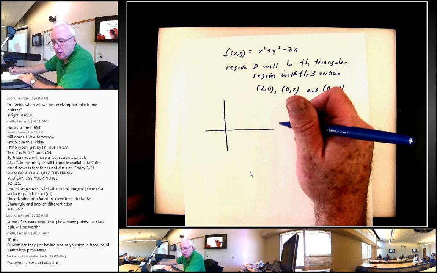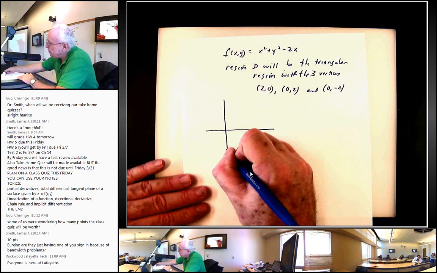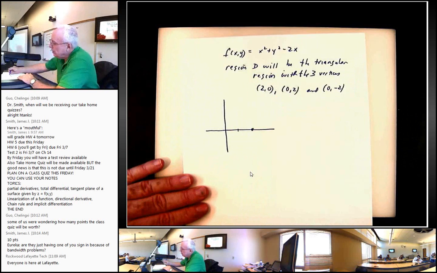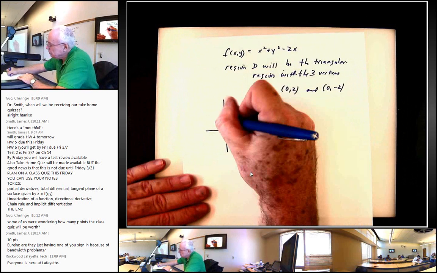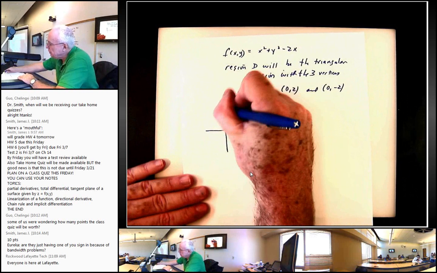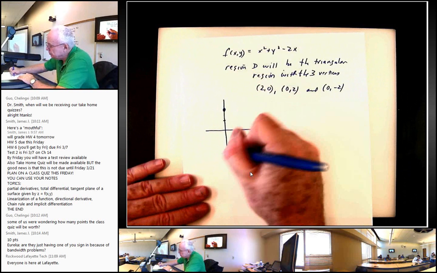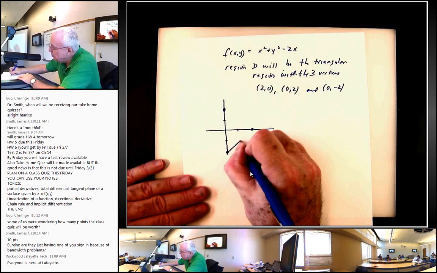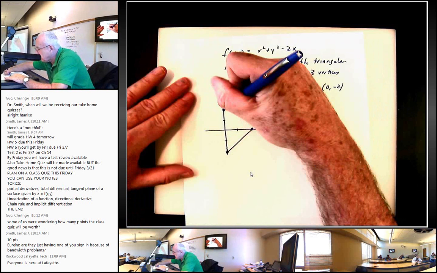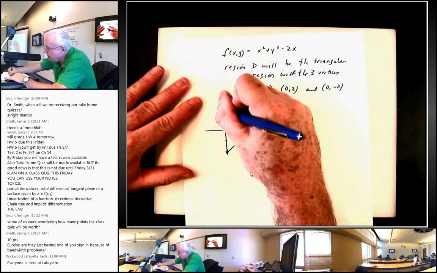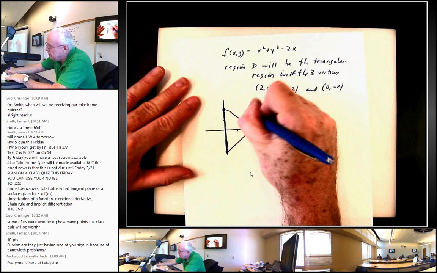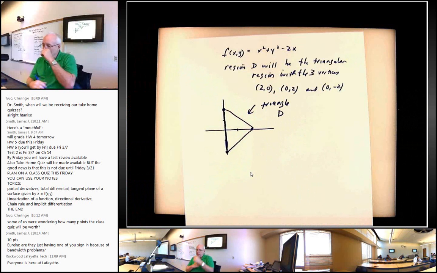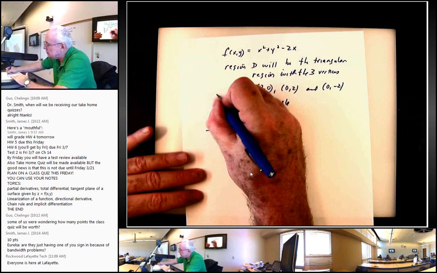So here's (2, 0). The other one is (0, 2), right here, and the third one is (0, -2), right here. So here's our 3 vertices. Let's connect them with straight lines. So this is our triangle, and that's our region D. This is our y and this is our x.